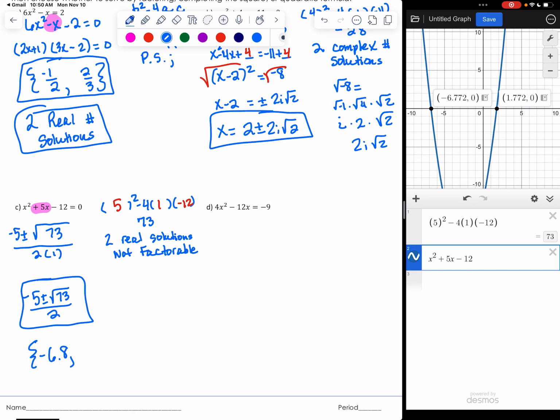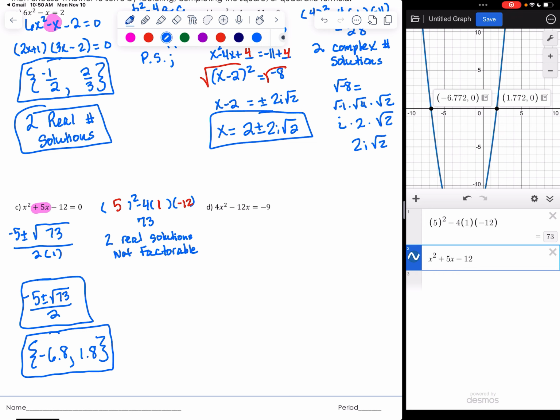And then I have another solution here at approximately 1.8. Generally, you're going to be asked for exact answers, but if you're ever asked for a decimal approximation, you've got it. Okay, but what I want you to notice is there are two x-intercepts, which means there are two real number solutions.